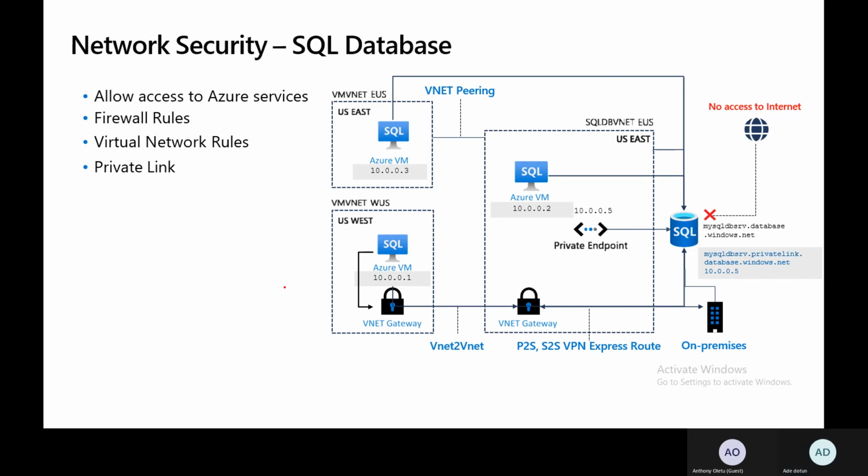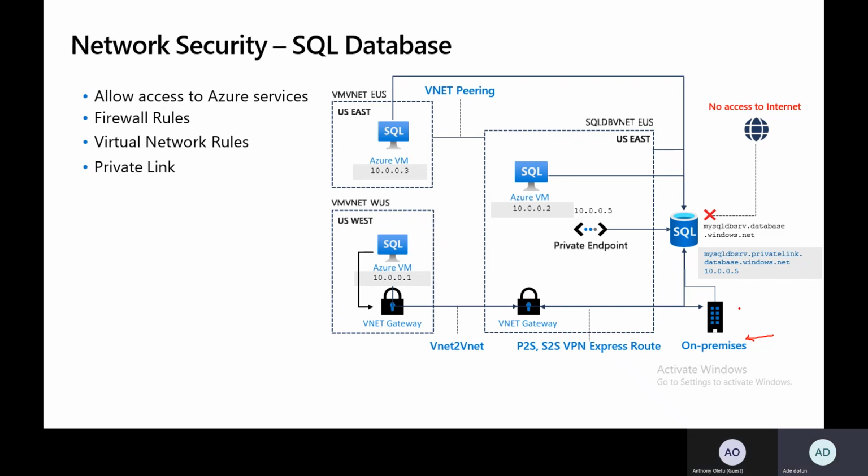Okay, so let me try and explain this diagram again, sir, so that it won't be confusing. Now, let's start from here. On-prem. On-prem means there's a company that has their own SQL database.